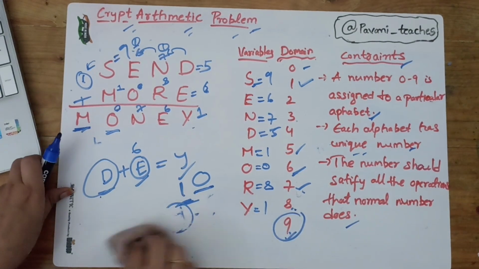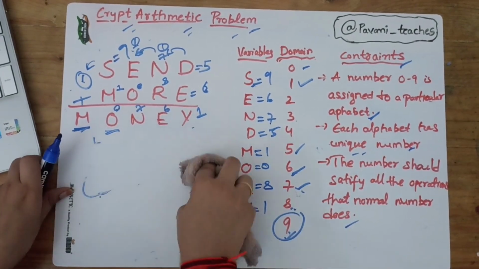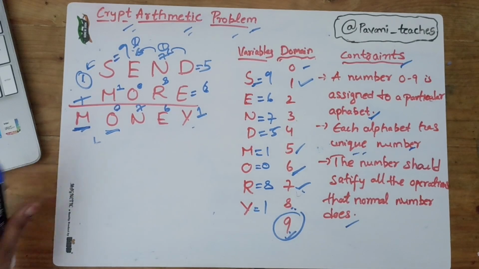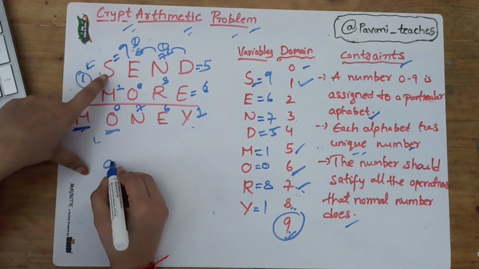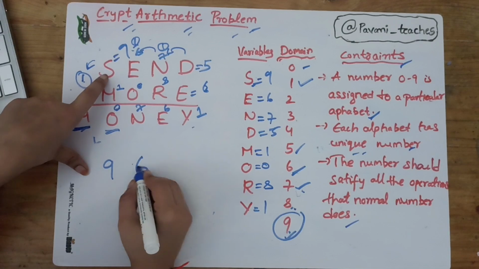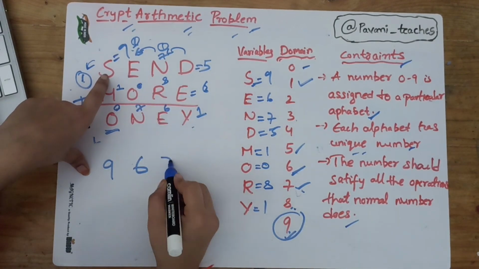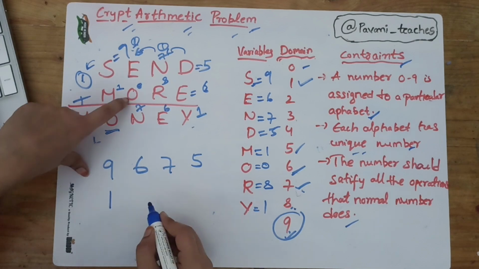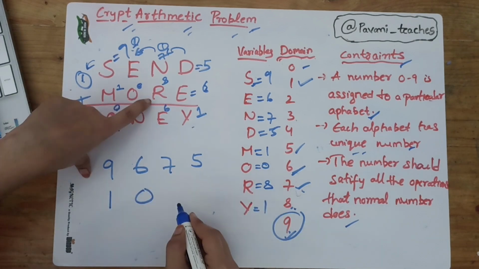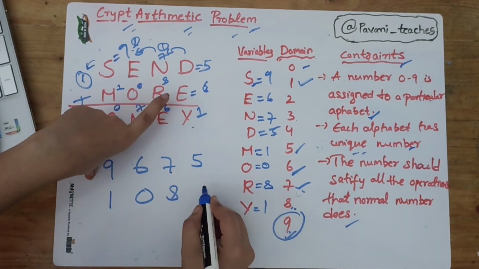Now you have to cross-check the values to see whether you got the correct answer or not. That means you have to write all the values. Here S means 9, E means 6, N means 7, D means 5, M means 1, O means 0, R means 8, E means 6.